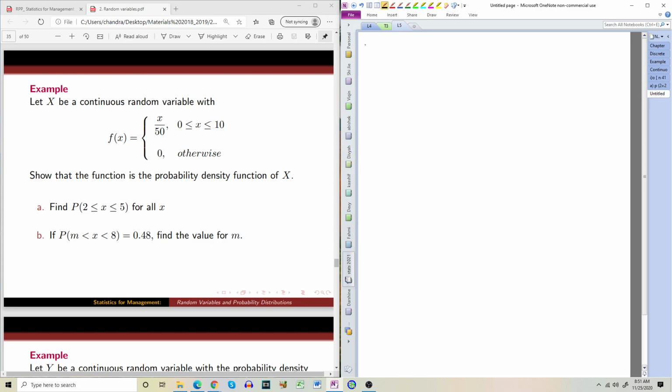Now for B, you are integrating from m to 8, and they say this is 0.48. They ask you to find the value of m.